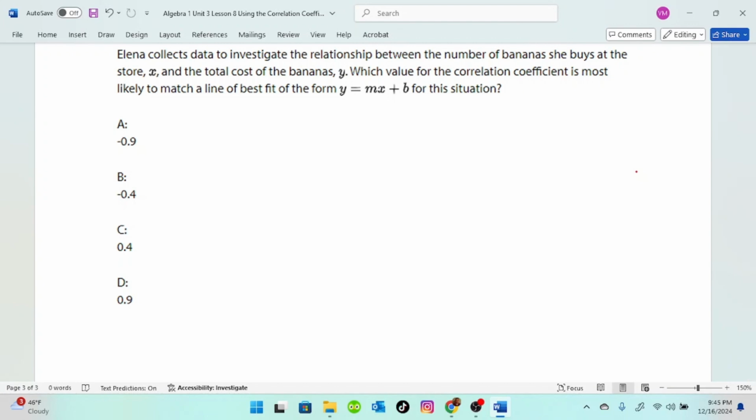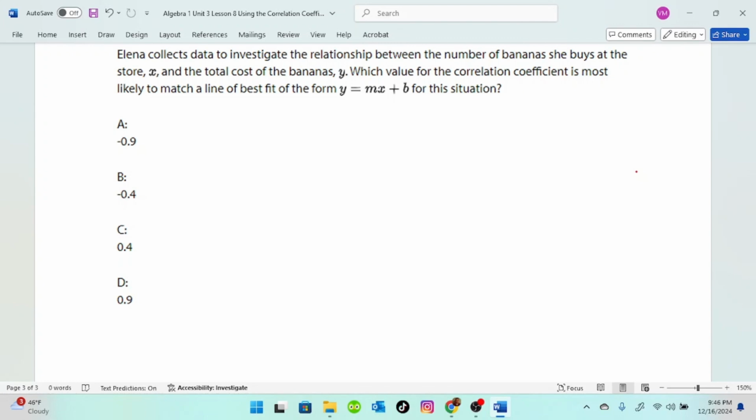Our last practice problem for Lesson 8. Elena collects data to investigate the relationship between the number of bananas she buys at the store, X, and the total cost of the bananas, Y. Which value for the correlation coefficient is most likely to match a line of best fit of the form y equals mx plus b for this situation?